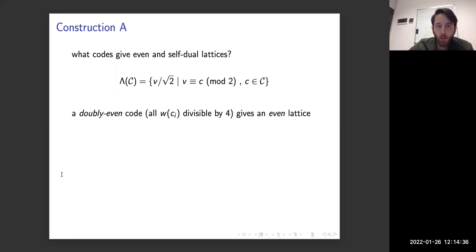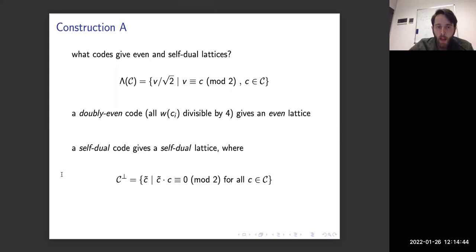And the answer is a doubly even code, a code where all Hamming weights are divisible by 4, gives an even lattice. And a self-dual code gives a self-dual lattice, where a self-dual code is the set of code words whose inner products with the original code words are even, or 0 mod 2. Okay.